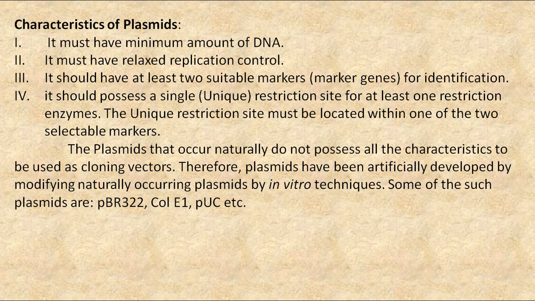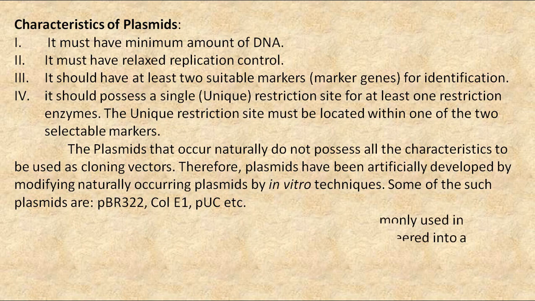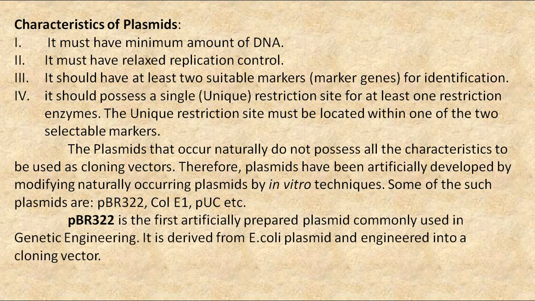Some of such plasmids are pBR322, ColE1, pUC, etc. pBR322 is the first artificially prepared plasmid commonly used in genetic engineering. It is derived from an E. coli plasmid and engineered into a cloning vector.